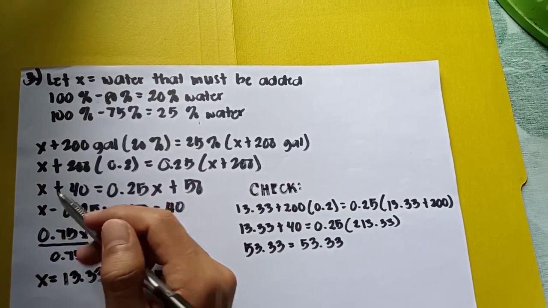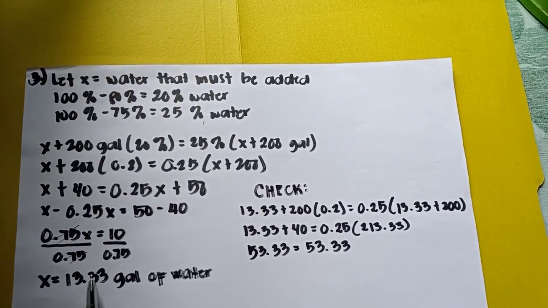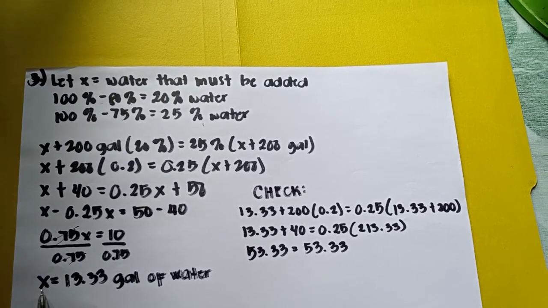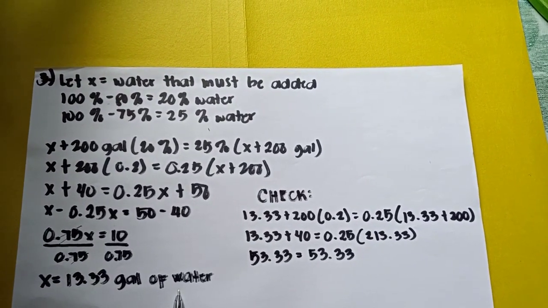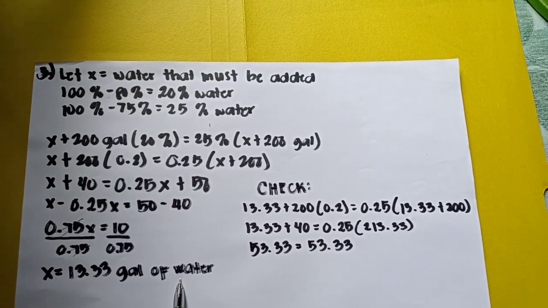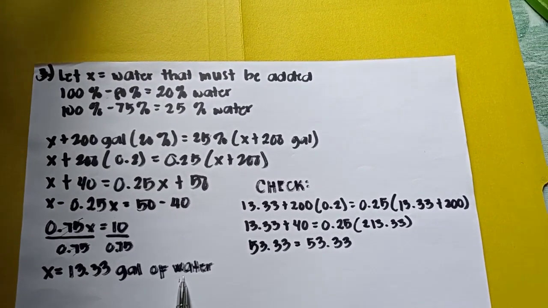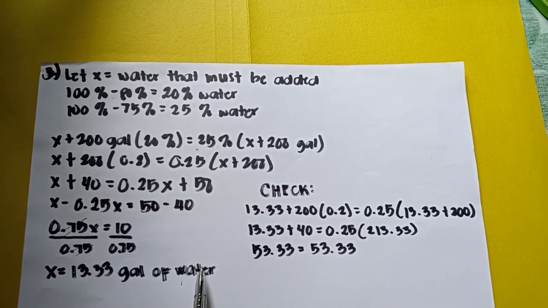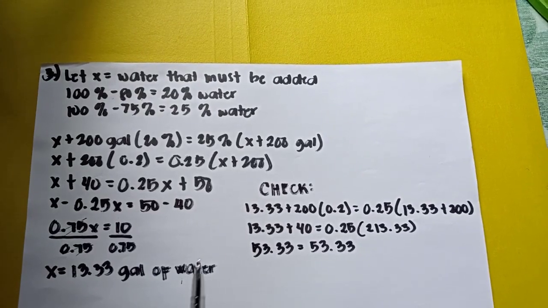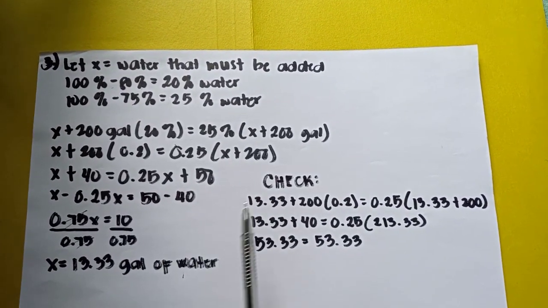Divide both sides by 0.75. So X is 13.33 gallons of water. So 13.33 gallons of water must be added to the 200-gallon mixture to reduce 80% alcohol into a 70% mixture.